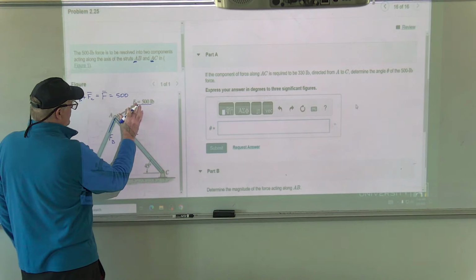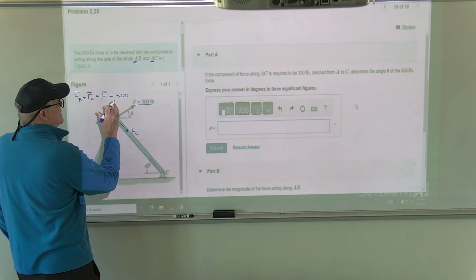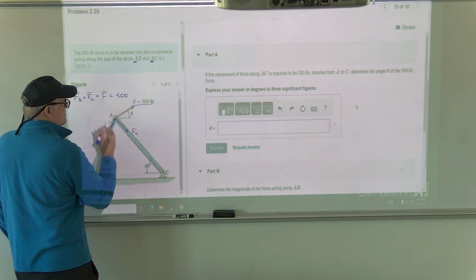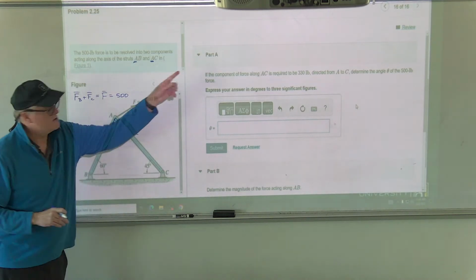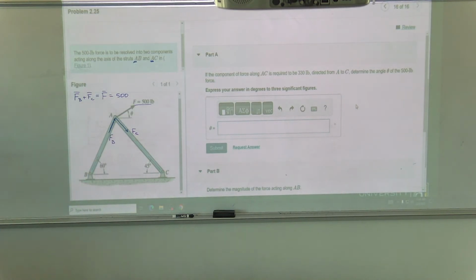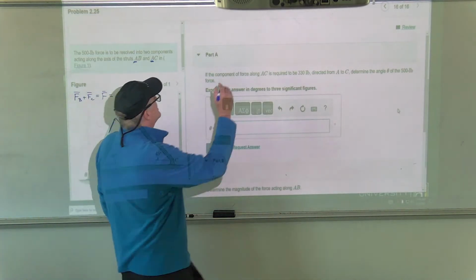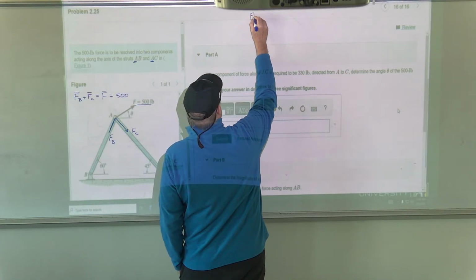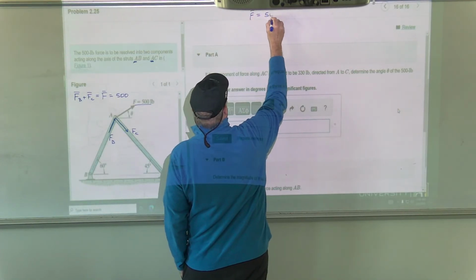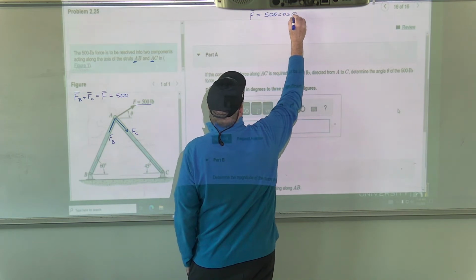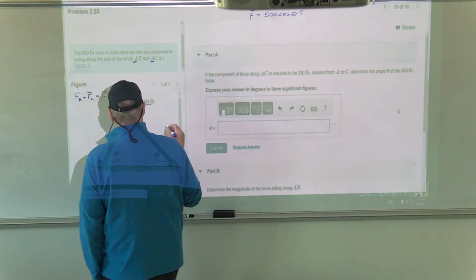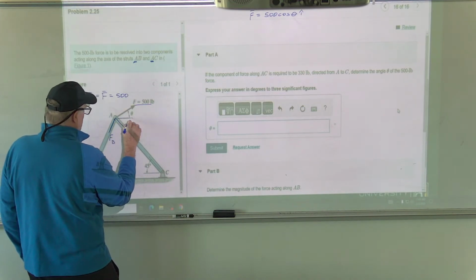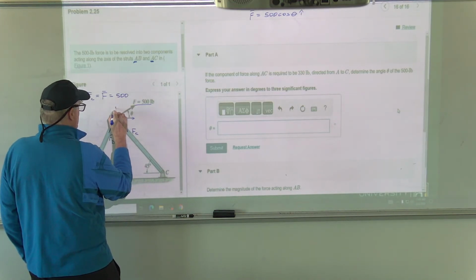Okay, so I'm going to break each of these components down. Maybe I'll scroll this down and use the white space on top of that. Oh, that's as much as I can scroll it down. So I'll just use this space over here, starting at the very top. So I'll start with F, and it's going to be 500 cosine theta i. The reason being, I'm going to break it down to the component going this way and the component going that way.